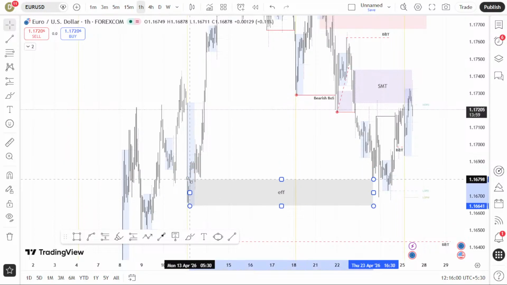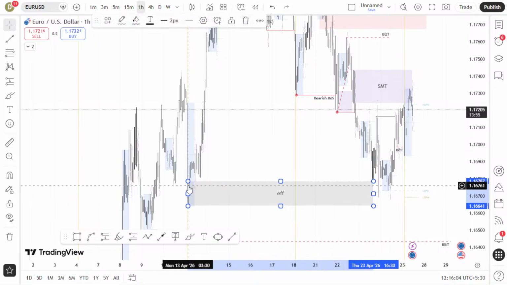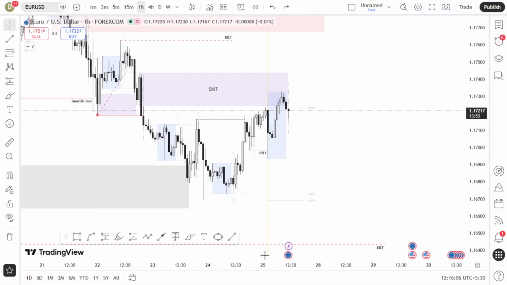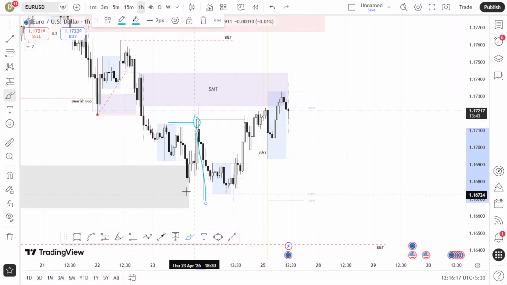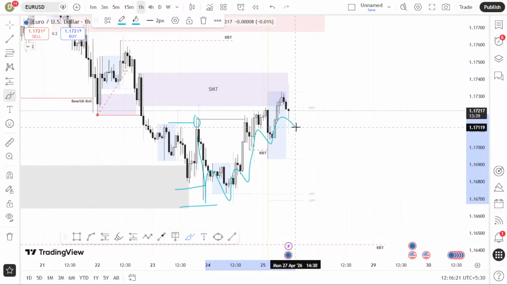If you see that, that is exactly what has happened. Price took the liquidity from the upside from these areas, induced it, came down, mitigated this region, and again started moving to the upside.